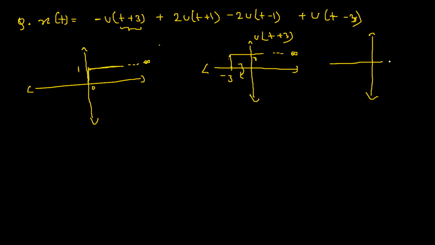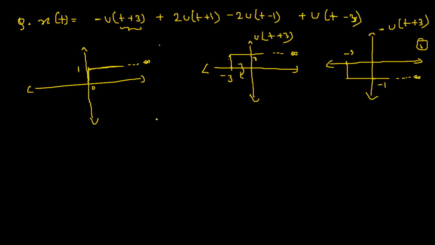So this is my graph, minus u of t plus 3. So this is minus 3 and this is minus 1. So this is the first graph that we need. So now let's solve the second graph.